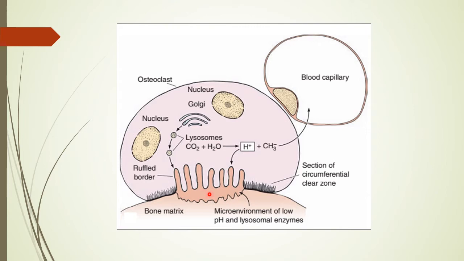The pH of this space is acidic, and it is made acidic by the osteoclast pumping protons, hydrogen ions, into this space. So the pH will become very low, acidic, and this acidic environment will result in dissolving the calcium apatite, dissolving the bone matrix. And also this acidic environment is optimal for the activity of the lysosomal enzymes.